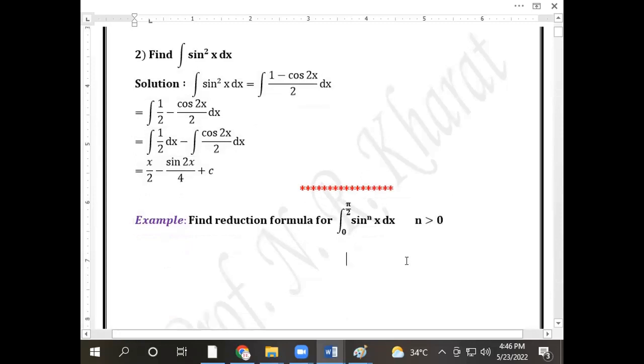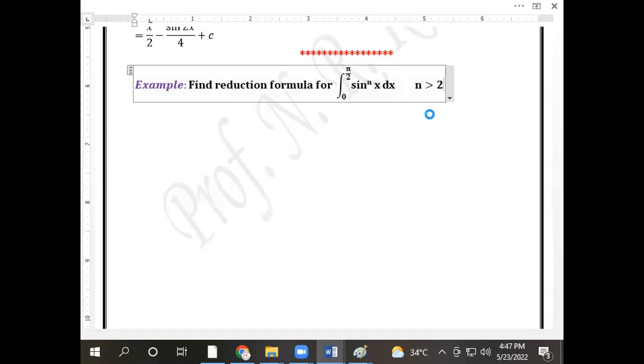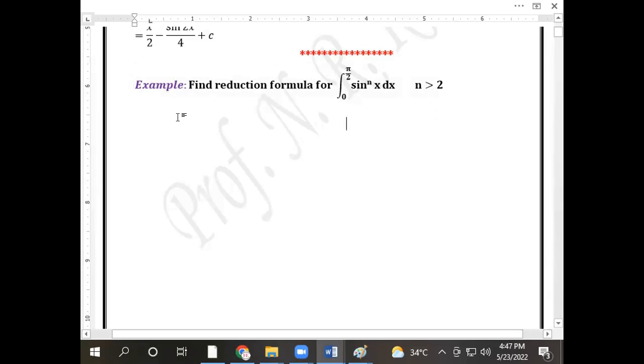In such a case, how do we find a simpler way to integrate such a function whose index is greater than, say, 2? For n equal to 2, 3, 4, 5, 6, 7, how do we find the solution? For that, we have to make the reduction formula for such integration.